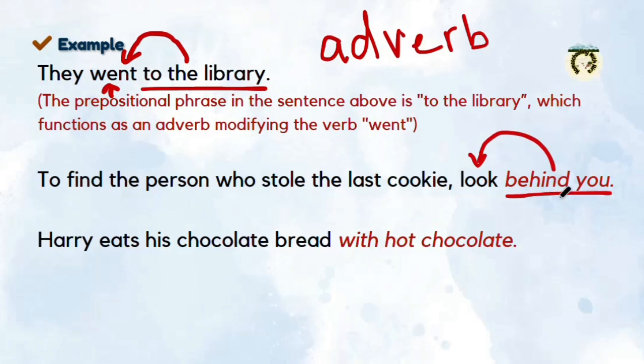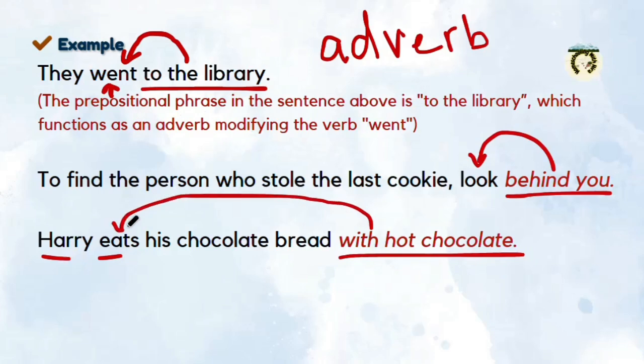So, this prepositional phrase is an adverbial phrase now. Harry eats his chocolate bread with hot chocolate. Prepositional phrase with hot chocolate, it is giving us the information about the action of eating. Harry eats something with hot chocolate, right? So this prepositional phrase has now become an adverbial phrase.